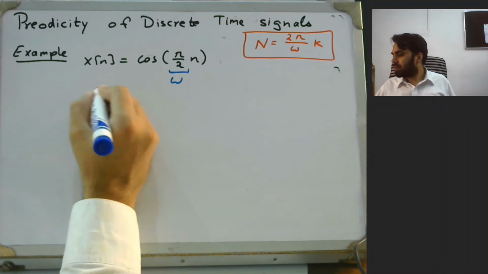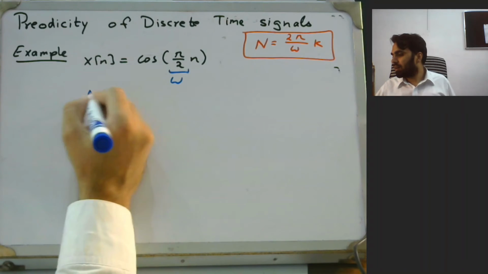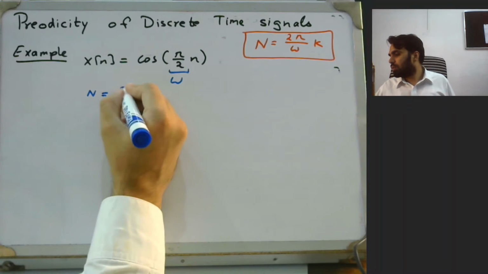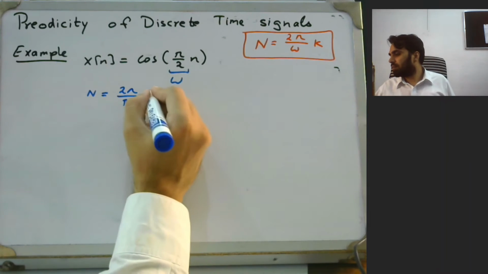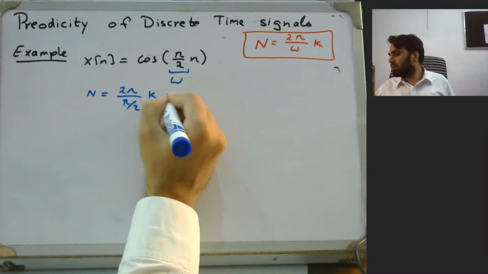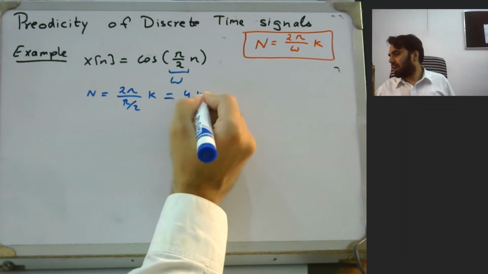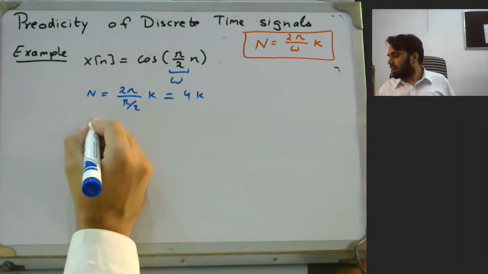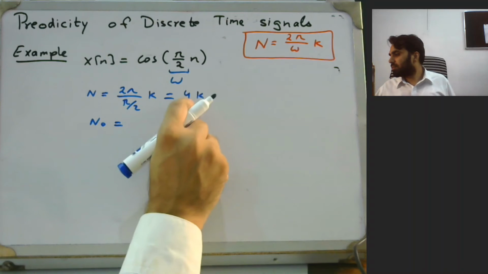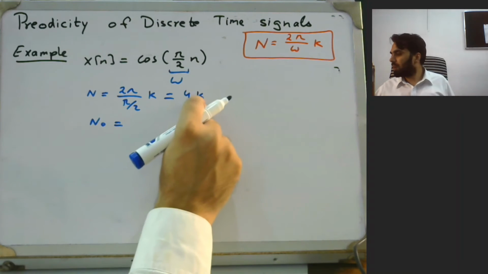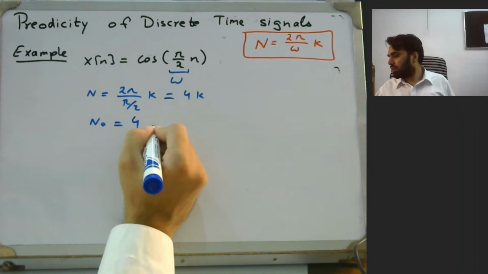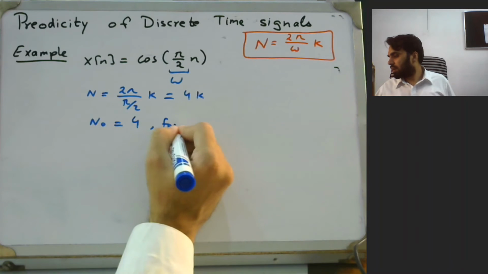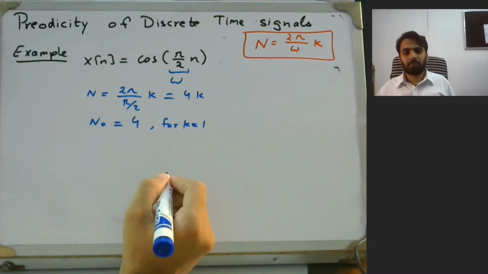Our fundamental time period or integer period would be 2 pi by omega, that is pi by 2, multiplied by k. So this would be equivalent to 4k, and this would indicate that our n naught, 4, is already an integer, so if you multiply by 1, it will become 4. So it is 4 for k equal to 1, right?